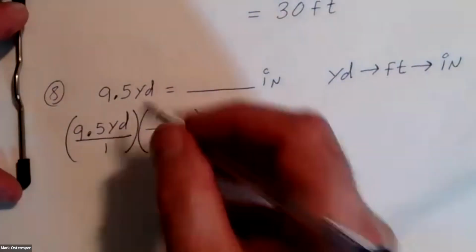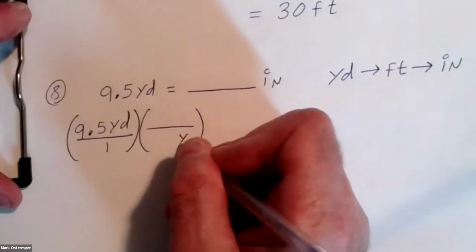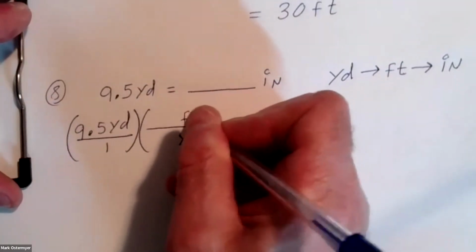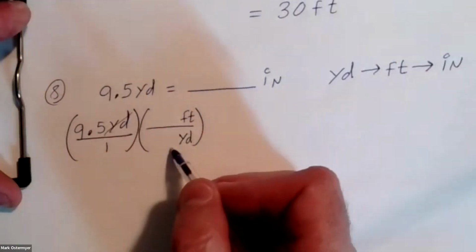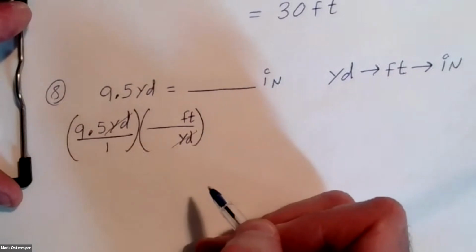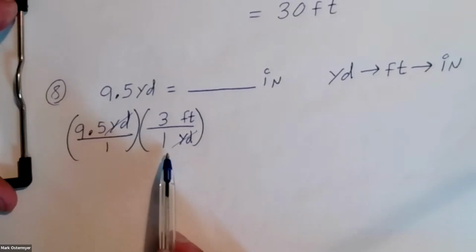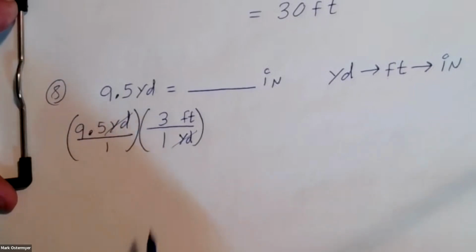Do you agree? We got to use this unit conversion factor there. So therefore, I'm going to have to multiply this by, now I want to get rid of yards and I want to go to feet. So I got to have yards in the denominator so that the yard units cross cancel out and take me to feet. We know 1 yard is what? 3 feet. Everybody see this first unit conversion factor, how I arranged it? It has to be this order because we want yards to cancel.